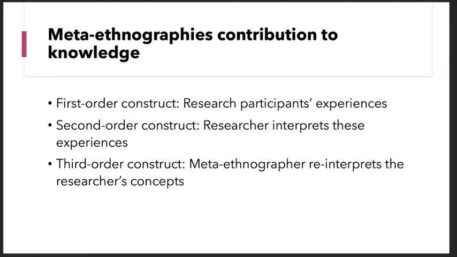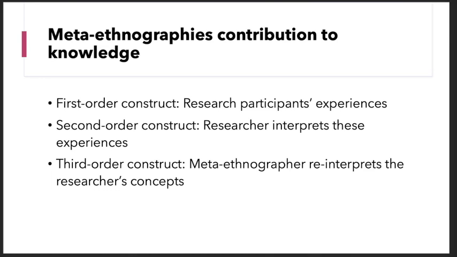How can meta-ethnographies contribute knowledge to the knowledge base? To answer this, I have to introduce you to the idea of first, second, and third order constructs. The information contained in an empirical research paper can be coded as first order constructs. This would be the research participants' experiences.